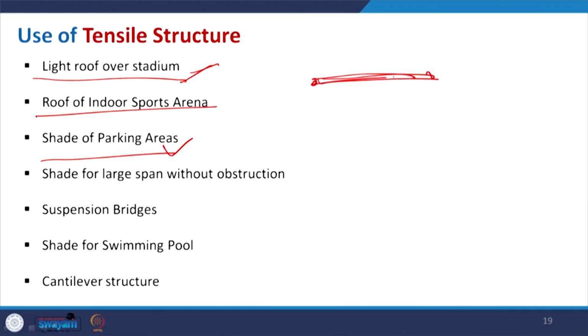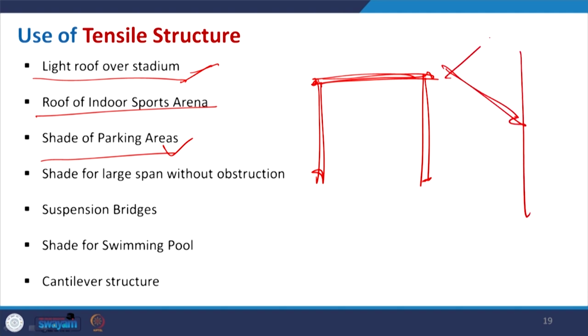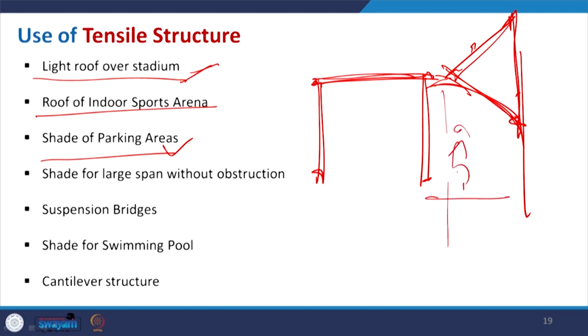Say, for example, if we have a vertical member for a roof, you have to initially support it with two members, but the advantage with this structure is that you just use a tension cable with a mast, and you can create this with a very light material, so that this portion is column free. You can maximize the use of that space. So, this is for the parking areas.